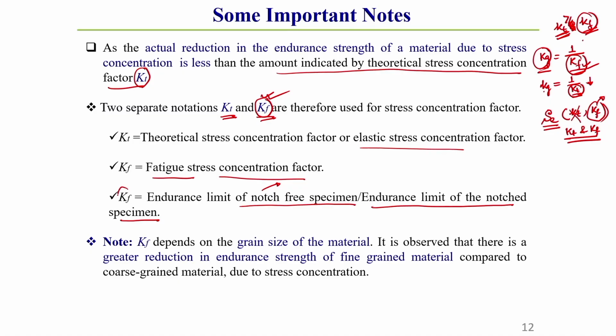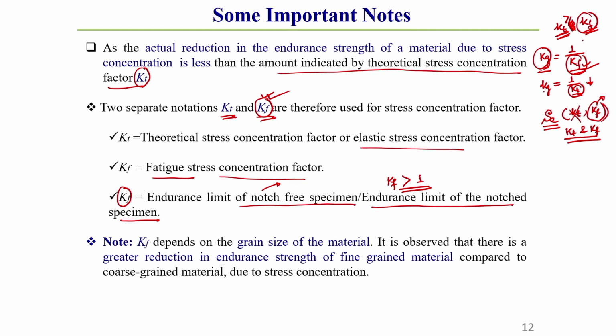That is why the Kf value is greater than 1. Understand what I am telling. If the notch effect is there, the Kf value will always be greater than 1. Keep this in mind. The stress concentration factors I am discussing, Kt or Kf, are greater than 1, but the Marin equation factors I have shown are always less than or equal to 1.